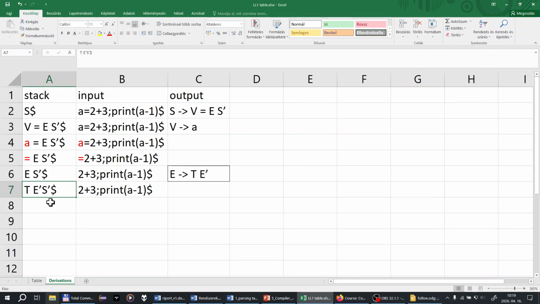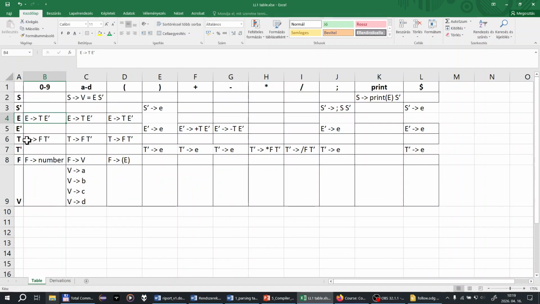For the T and the number, since we have T here and a number here, we have to see the table in the row of T and the column of the number.